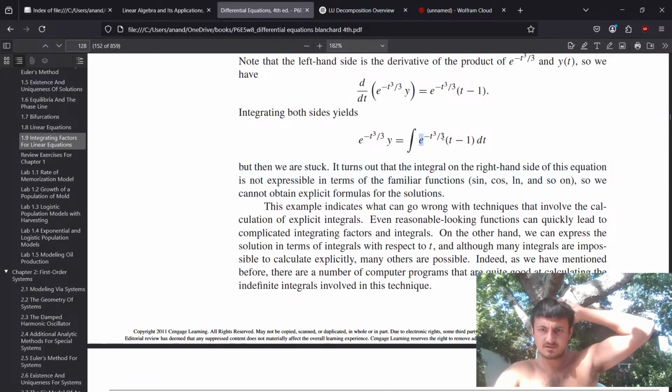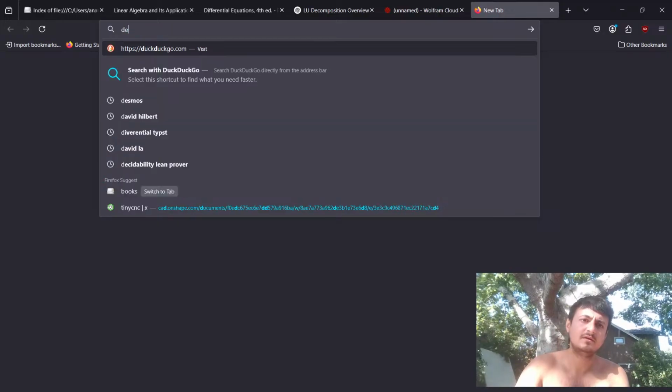Okay, so this one, apparently this e to the minus, what does that even look like?